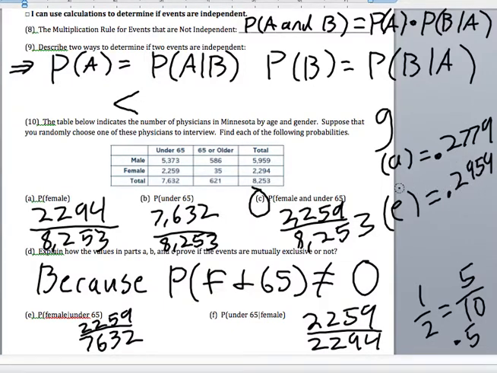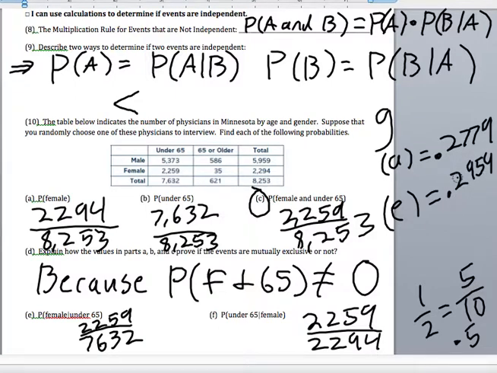But what it means is the chances of picking a female at random are about 28%. If we narrow that down to people under 65, our chances go a little higher. We have about a 30% chance. We have a slightly better chance. So the age that you are affects the probability that you're female in this table. Being under 65 or being over 65 affects the probability.